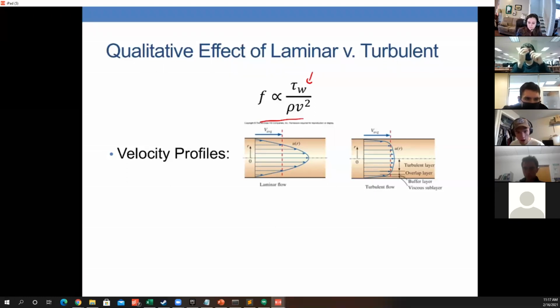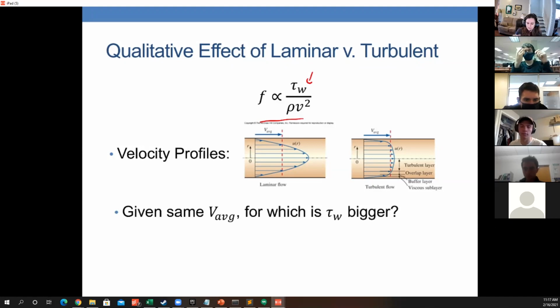So these are velocity profiles for laminar and turbulent flow. Just looking at this, if we assume about the same average velocity, for which of these do you think the shear stress will be bigger? Going by the velocity profiles, what's the relationship between shear stress and velocity profile?